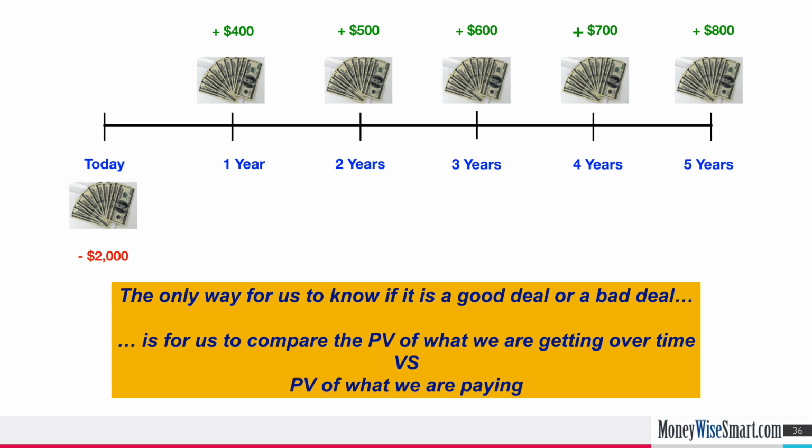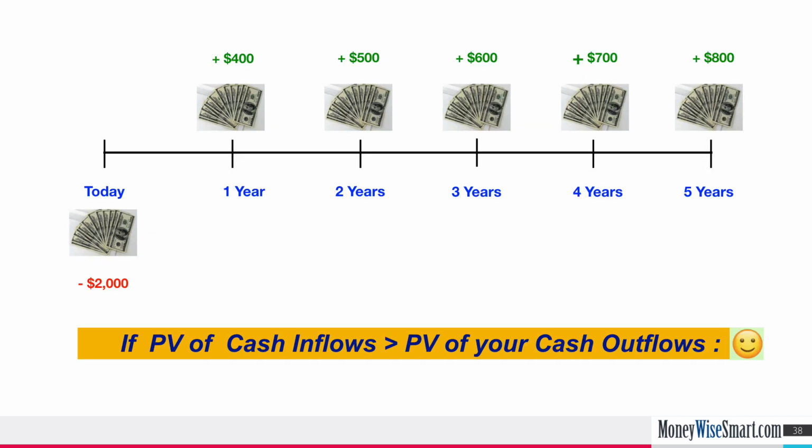So I would encourage you to assume different interest rates. Start from a very low interest rate of say 1% and keep going up to say 15%, 20%. That is the value of R, and see how the 3 scenarios that I talked about work out. If the present value of your future cash inflows is greater than the present value of your cash outflows, that's a favorable scenario.